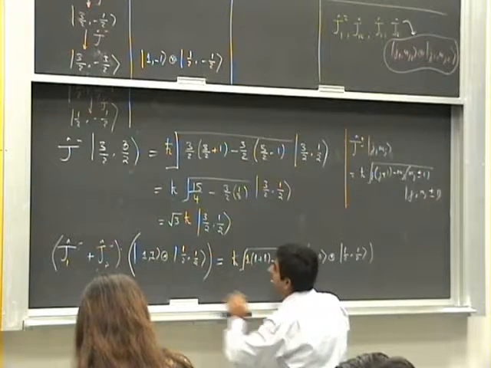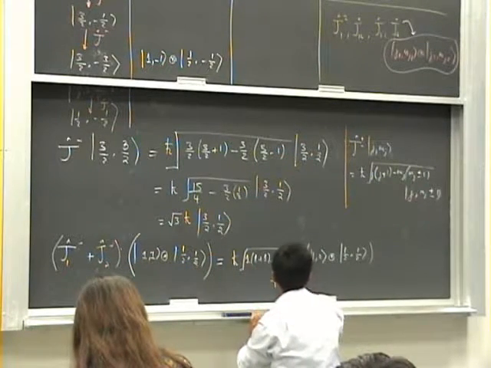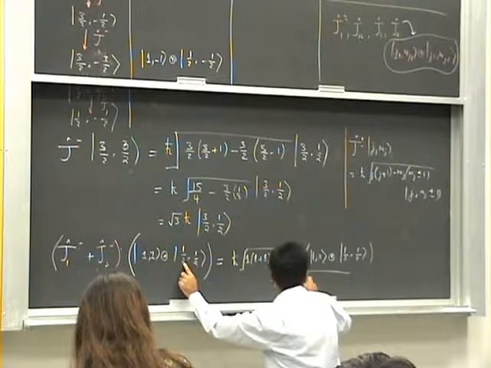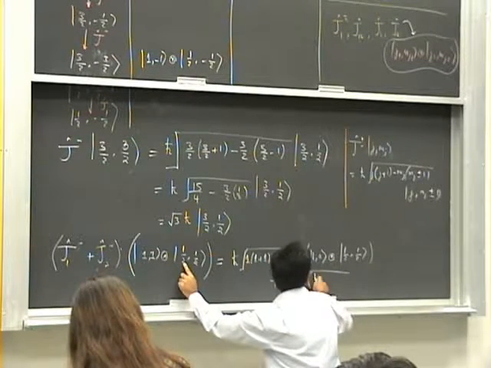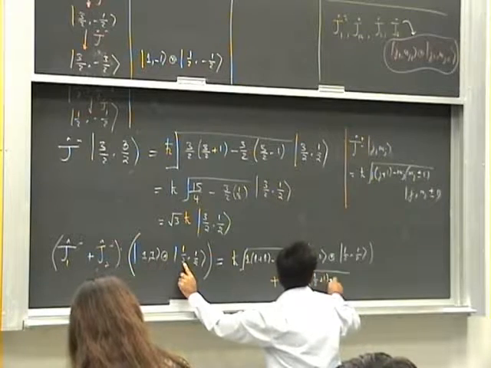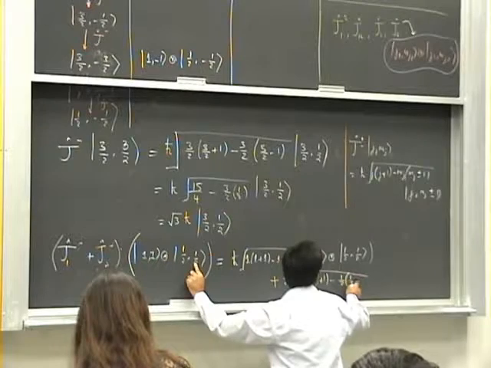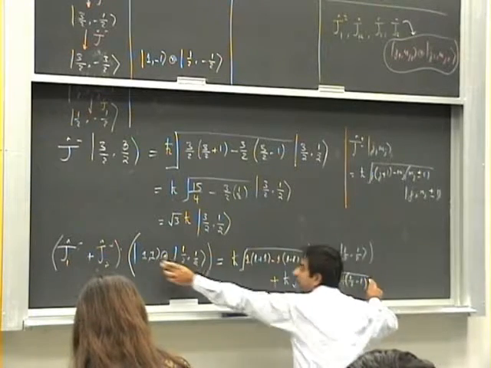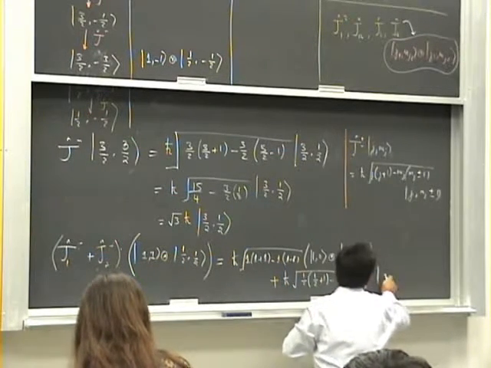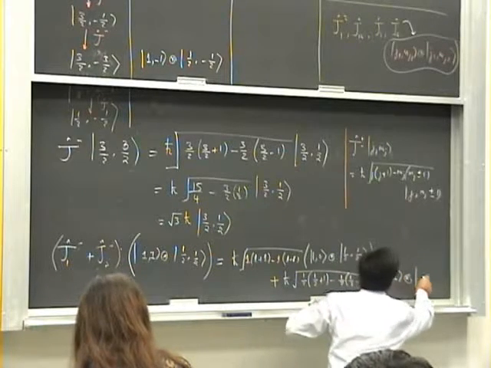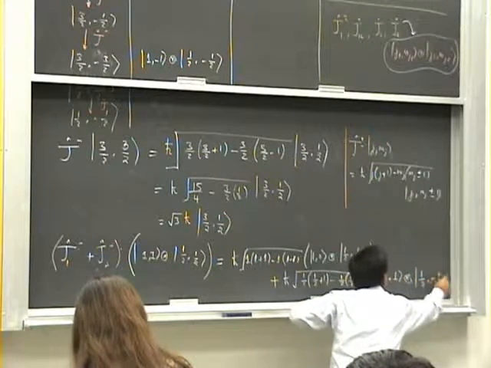Now I have J2 acting on this state. I get J is half, half plus 1 minus Mj is half, half minus 1. Nothing happens to the first state. I get 1 crossed with half, minus half.